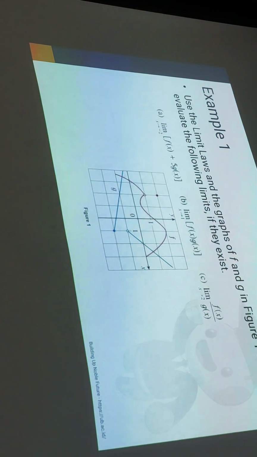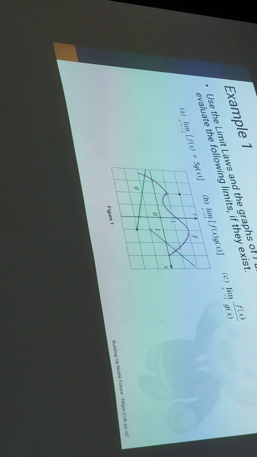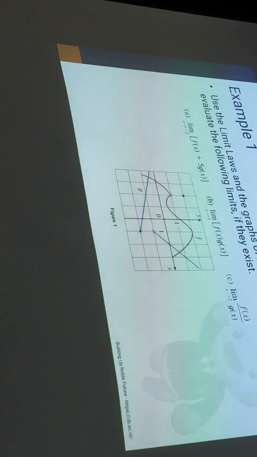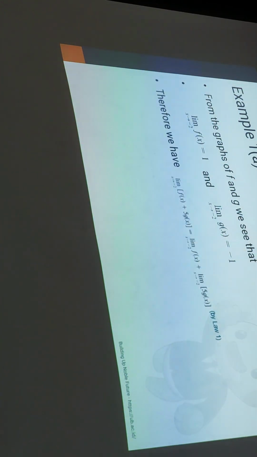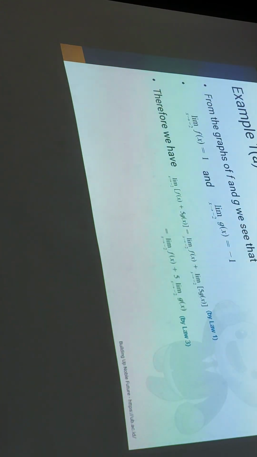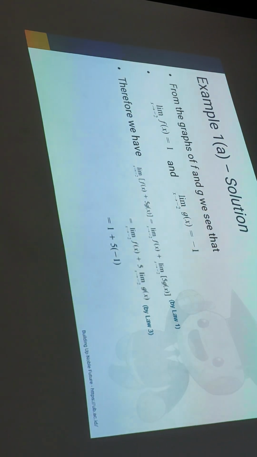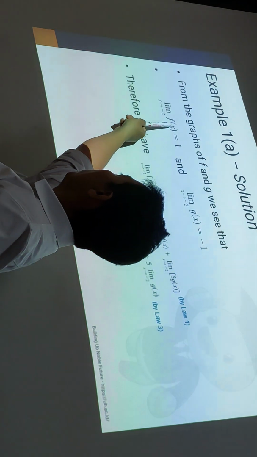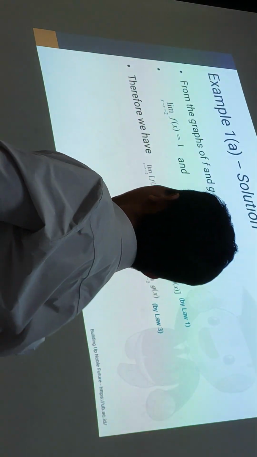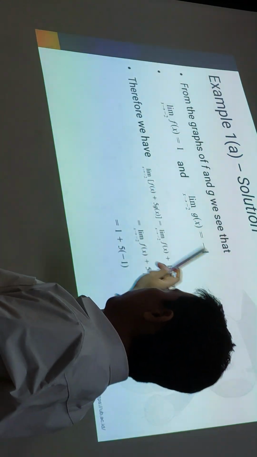So you can see from this graph, we need to solve like this one. Graph of f and g. The limit as x approaches negative 2 of f(x) equals 1, and the limit as x approaches negative 2 of g(x) equals negative 1.